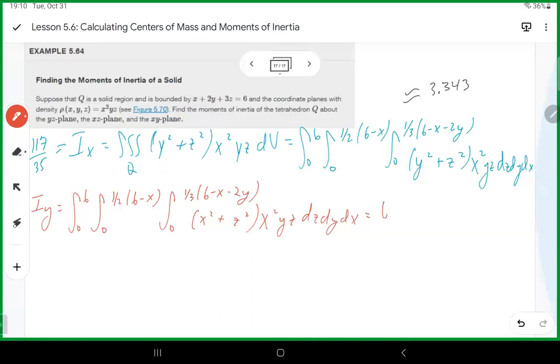So that's 684 over 35, which is 19.543. And then I sub z is going to have the same setup.